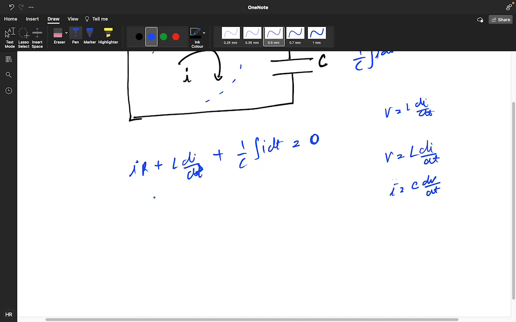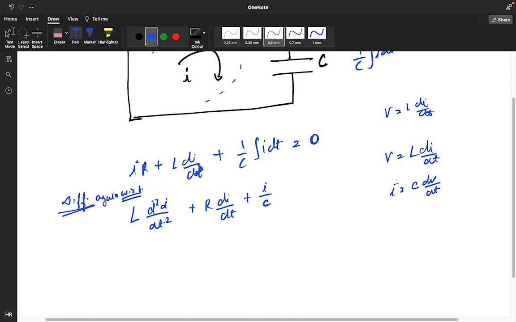Yes, guys. Now this same circuit can be represented like this: L d square I by dt square plus R di by dt plus I by C. What I did, I differentiated this circuit again with respect to t.